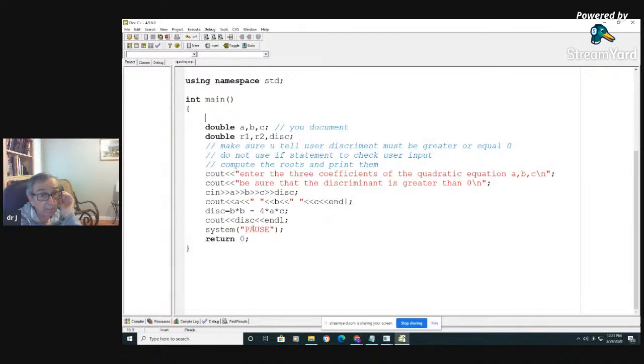System pause. It doesn't even do what it did before. Let's just see something. If we comment out the 2 lines that we added, it worked before, it should work now, right? We would hope.